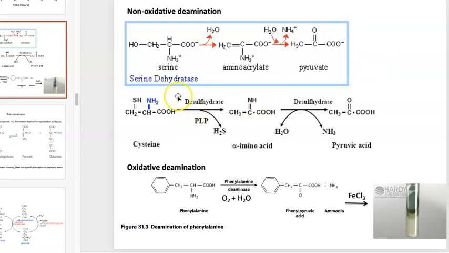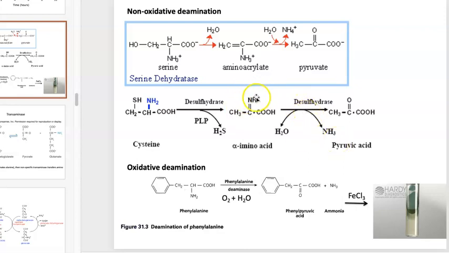Another type of non-oxidative deamination occurs here. You see this desulfhydrase. In this particular case, the desulfhydrase requires this pyridoxal phosphate cofactor, and it will rip this sulfur group off of cysteine, an amino acid that contains sulfur, resulting in an amino acid from which the desulfhydrase can then pluck the amino group off.